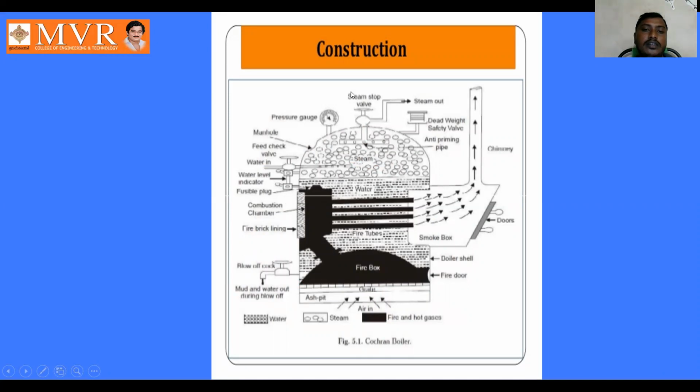This is used to control the steam which should go out. How much steam is required is collected, and the remaining steam is sent to the stock place by using the steam stop valve.